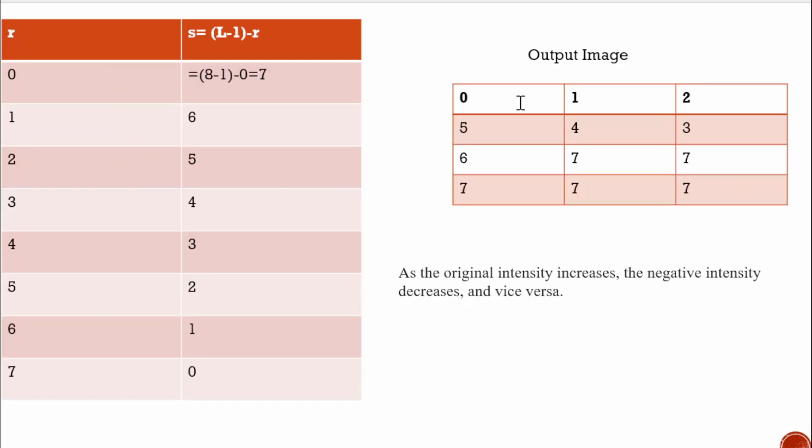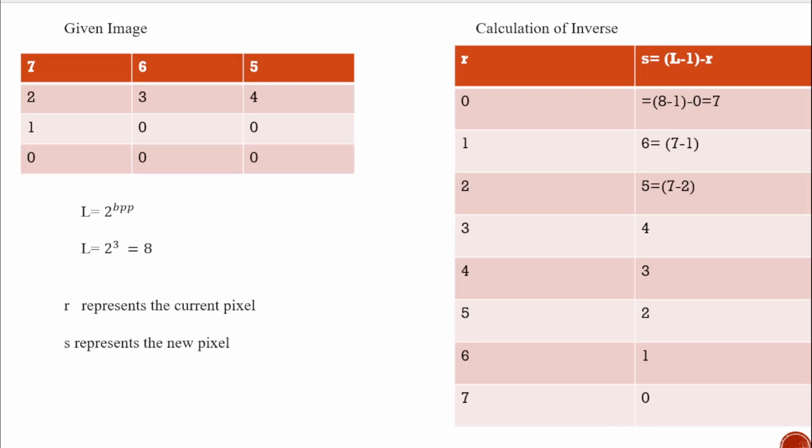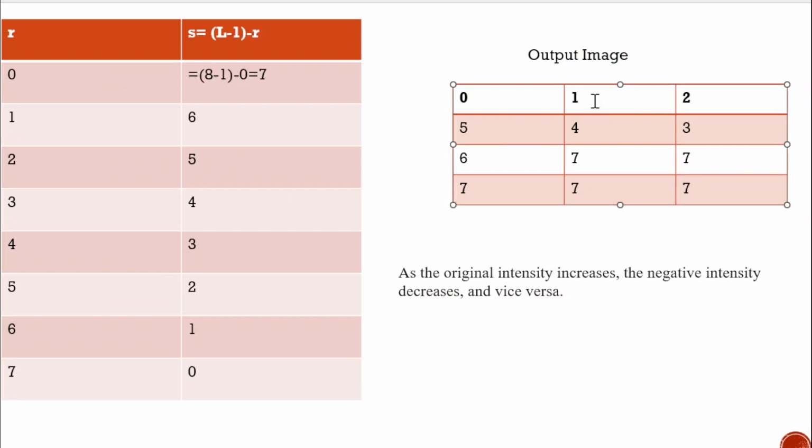So here we put the value 0. In the previous slide, you see the given value for the pixel is 6, and the new computed value we put as 1. Similarly we do this for all the pixels, and this is the output image that we are going to receive. This is how we apply the basic image negative transform.